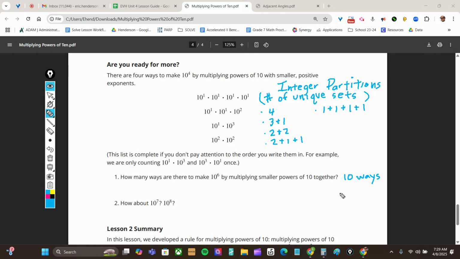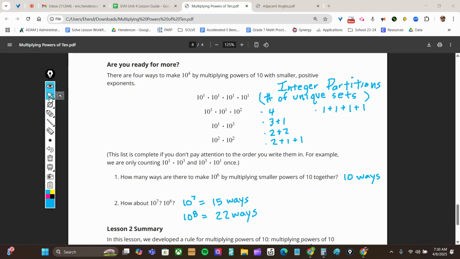For 10 to the 7th, there are 15 ways, and for 10 to the 8th, there are 22 ways. So there's not enough room on your paper.